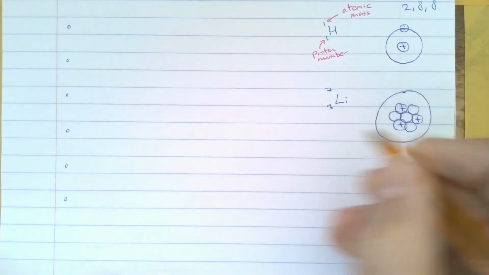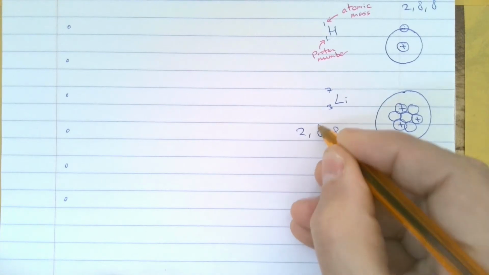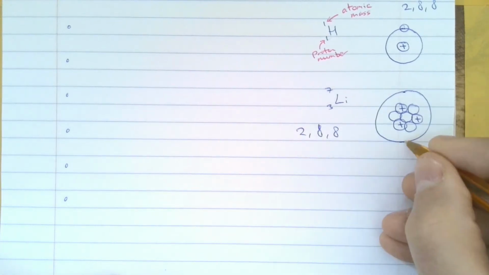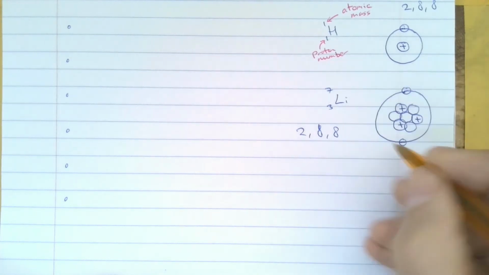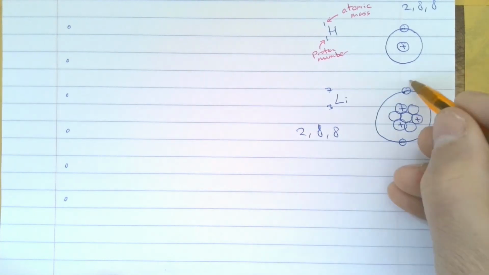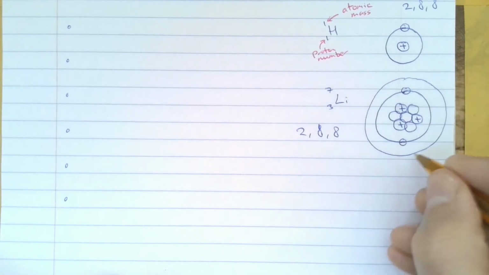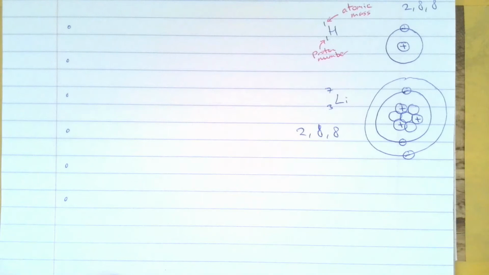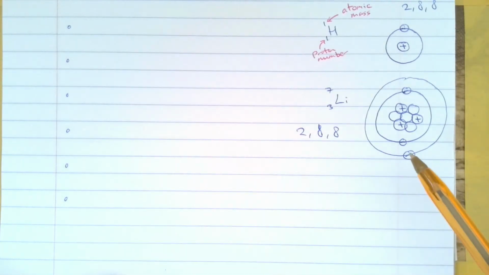But I can remember the orbitals, 2, 8, 8, so I can only have 2 electrons in the first shell. So I want 3 electrons in total, so I've got 2 there, and another one in my outer shell here. If you were to just draw these 2 diagrams, you would probably get some marks for this question, although not many marks, because you haven't made any comparisons at all.